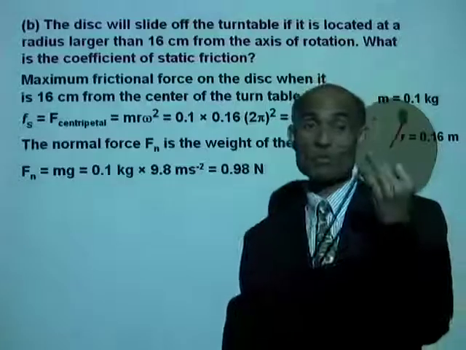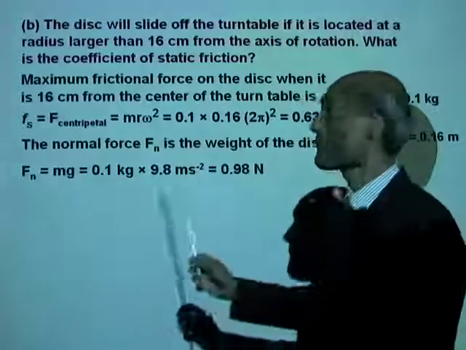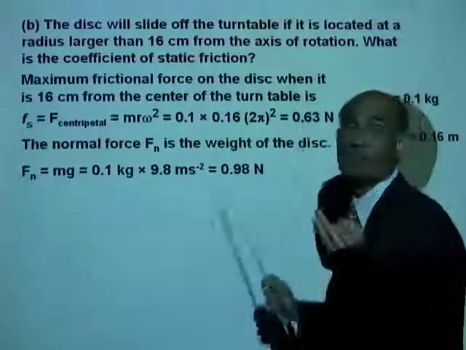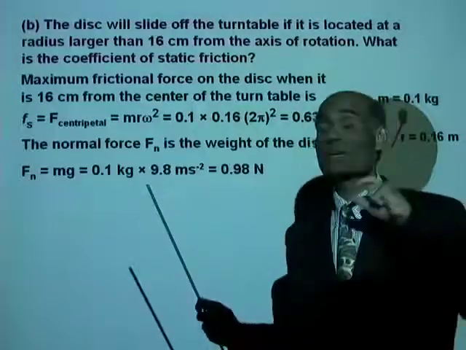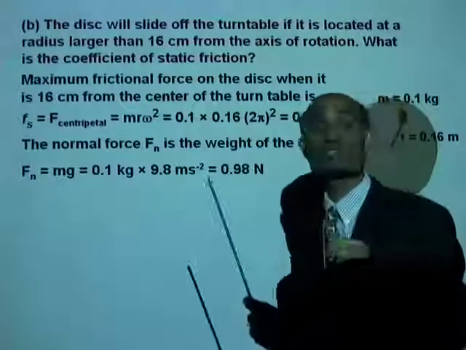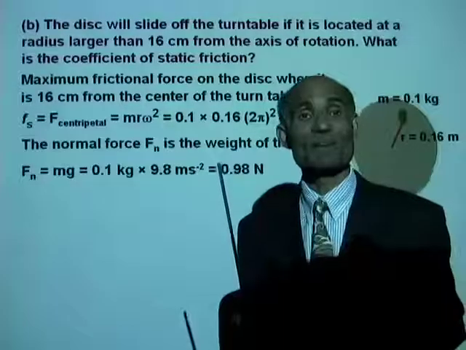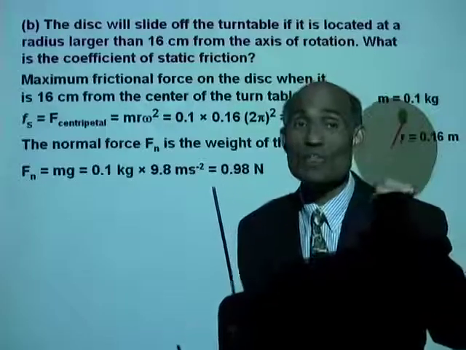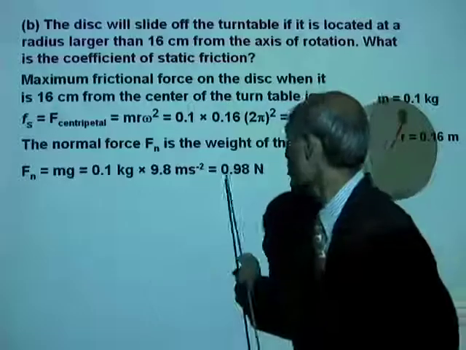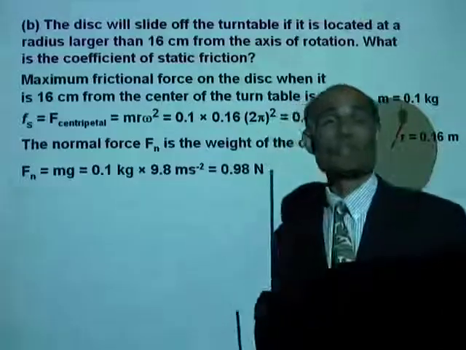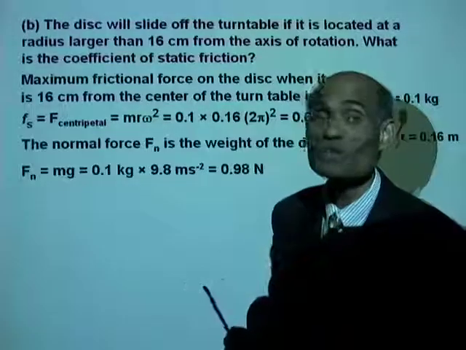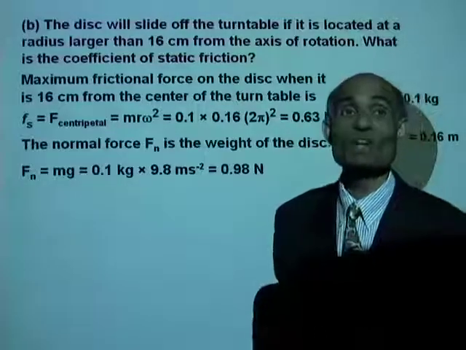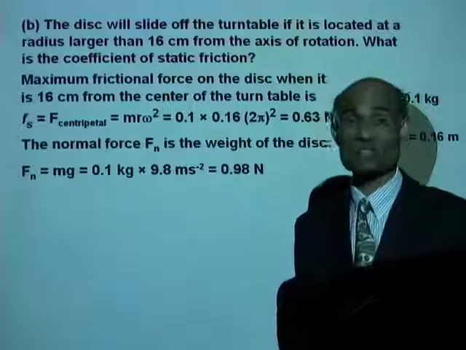So, we have now two important quantities. What are they? We now know that the maximum frictional force between the disc and the turntable is 0.63 Newton, and that is the force of limiting friction. And we know the normal force pressing the two surfaces together. If you know these two quantities, can you calculate the coefficient of static friction?